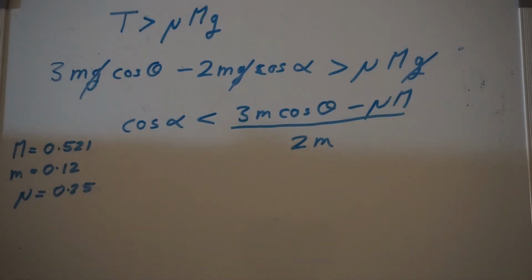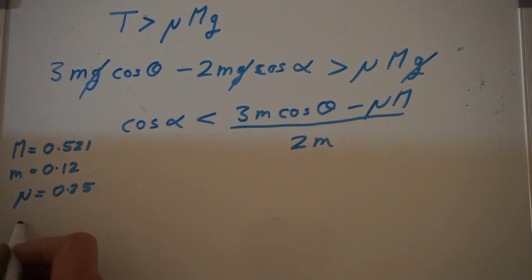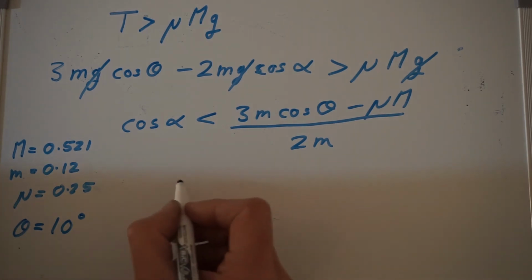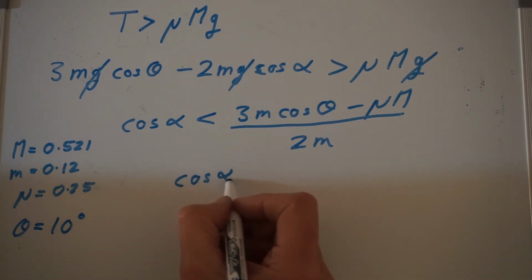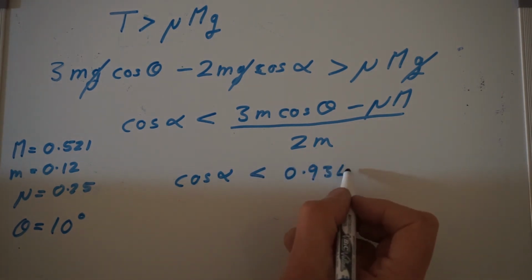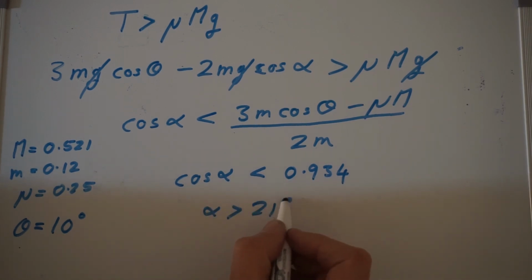So I'm going to assume that because we can see the block moving, at a particular value of theta, the block starts to move. So I'm going to take theta as 10 degrees. If I substitute those values, I end up with cos alpha must be less than 0.934, so that alpha must be greater than 21 degrees for the block to slide.